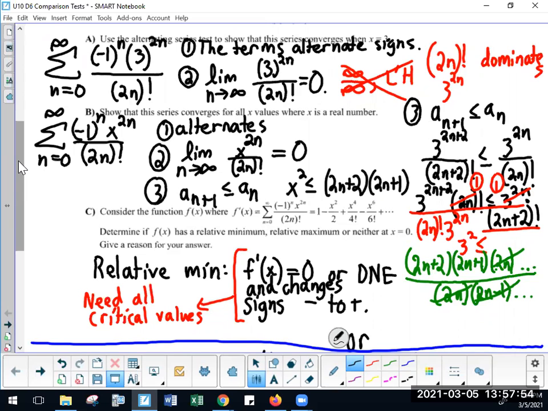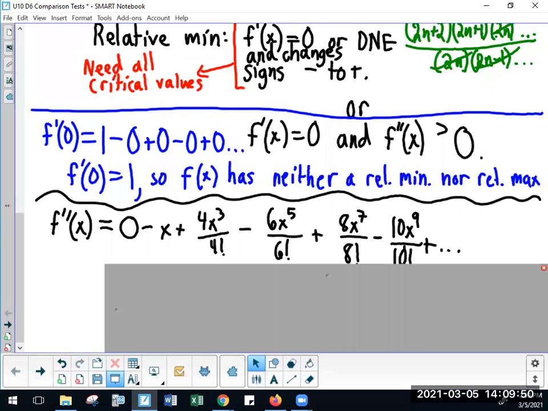So as n approaches infinity, this stays x squared. This, however, approaches infinity, and I'm pretty sure x squared is smaller than infinity. Yep, it is. I just checked. Checked my math. All right. So I'm done going over that. I'm going to pause the recording here, see what questions we may have.